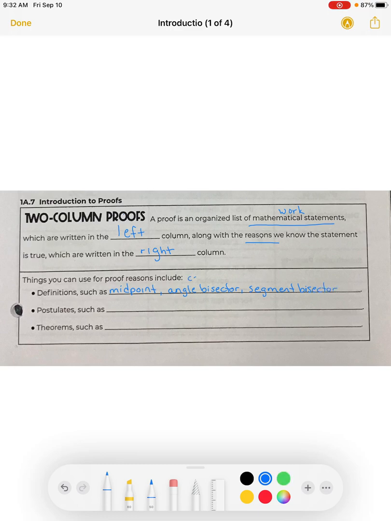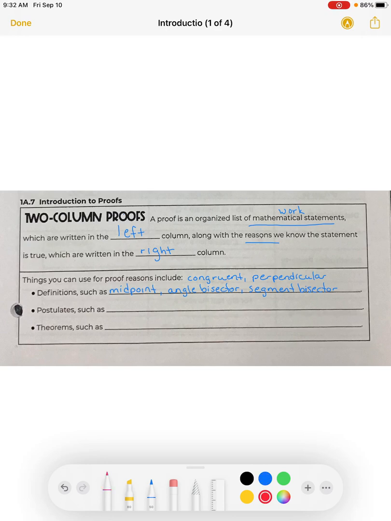We could use the word congruent. We learned what the word congruent means. We know what the word perpendicular means. You know what the word linear means. So there's lots of definitions that we've used.